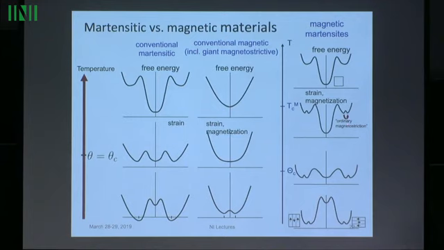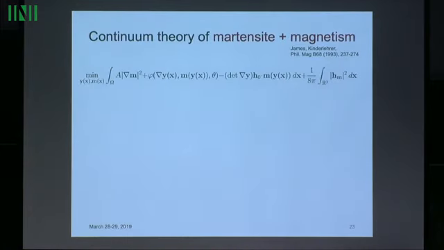But of course, you can then jump from this well to this well, and so forth. So we have to model this stuff. Often this ordinary magnetostriction is neglected, and in some of the things I write, it will be neglected. So we have to combine martensite and magnetism, so it's not so easy.